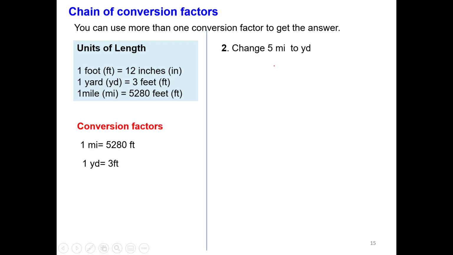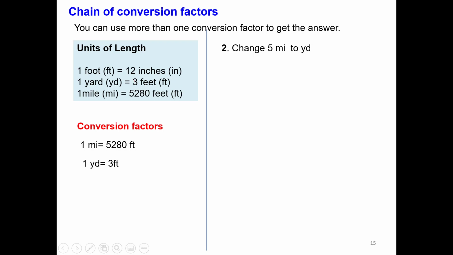In this case, we want to convert 5 miles to yard. We don't have a direct conversion factor from miles to yard. But we know 1 mile equals 5,280 feet, and we know 3 feet equals 1 yard.